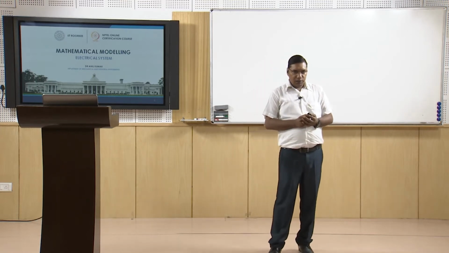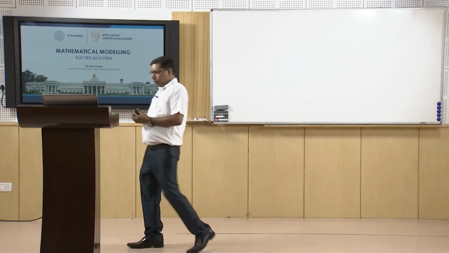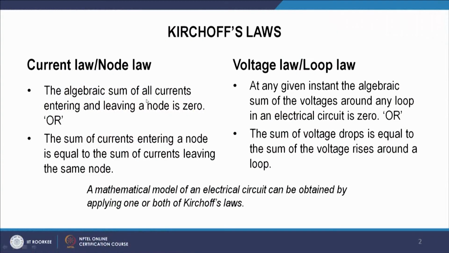So, what is the current law? Here, the current law tells that the algebraic sum of all currents entering and leaving a node is 0, or the sum of currents entering a node is equal to the sum of currents leaving the same node.